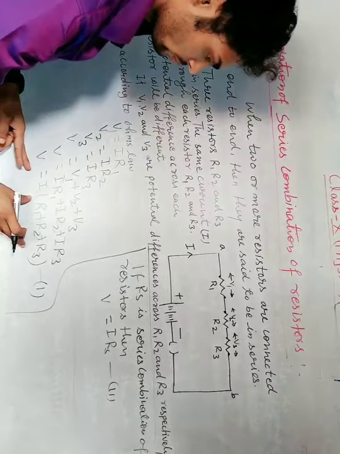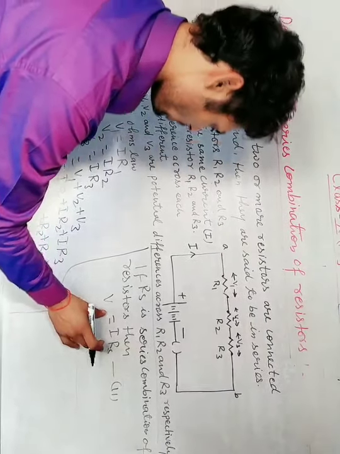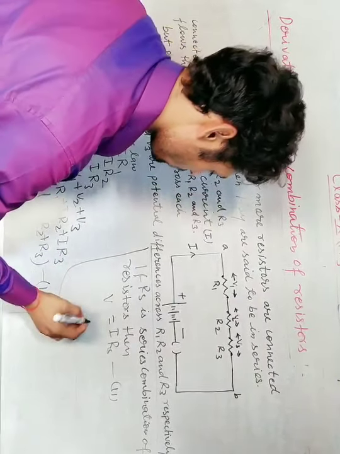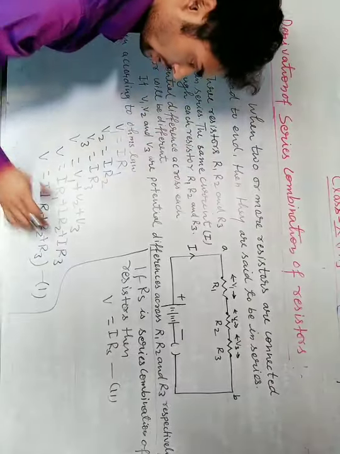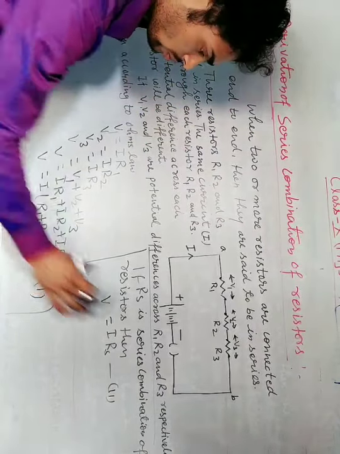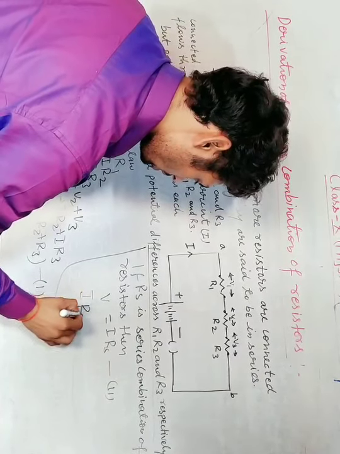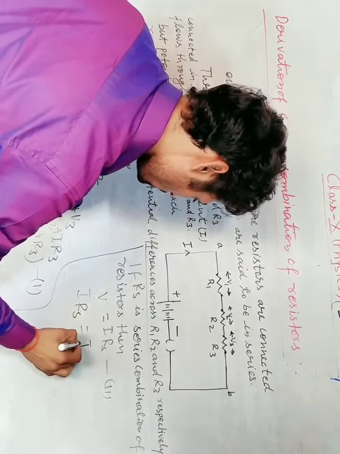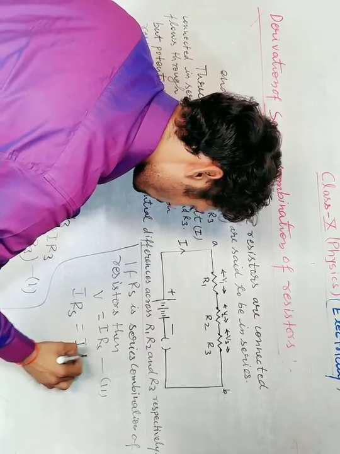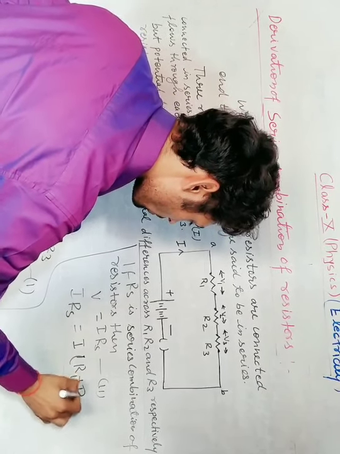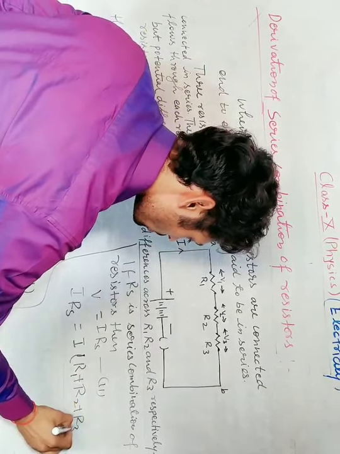From equation 1 and 2, the left hand side and the right hand side are the same. So I RS equal I times R1 plus R2 plus R3.